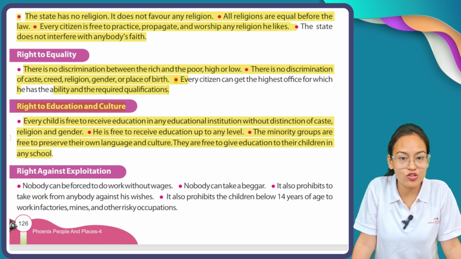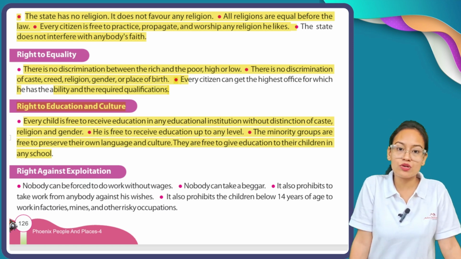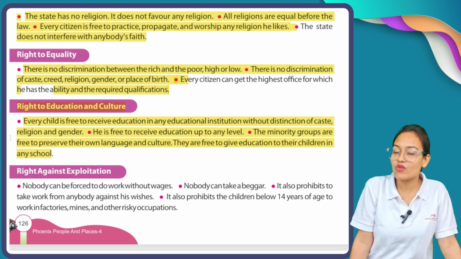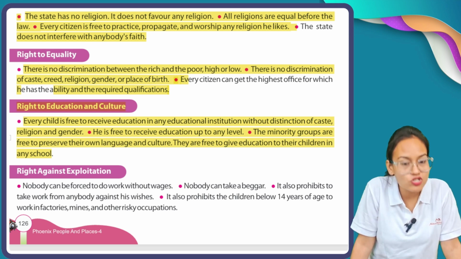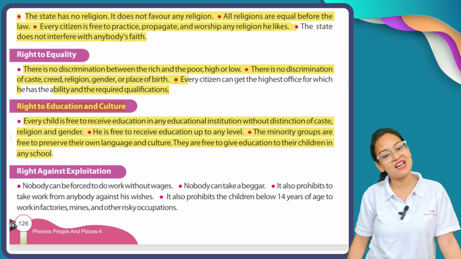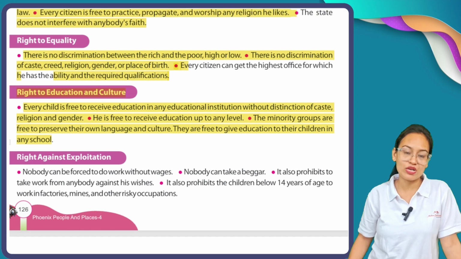Now, what is the meaning of minority groups? Apart from the Hindu religion, all the religions are considered minority religions in India. So all the minority religions are free to teach their children in any language or in any culture. This all comes under the right to education and culture.